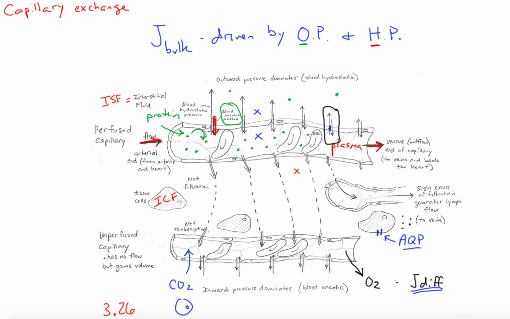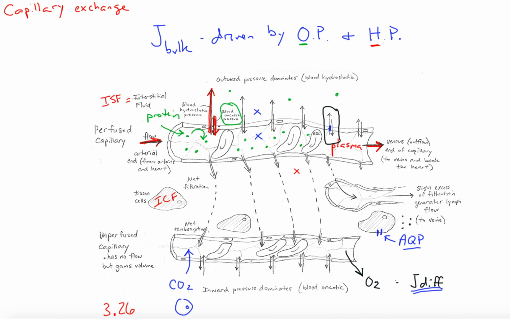And so it actually ends up pushing outward. And the magnitude of the size of the arrows here is an indicator of how big those pressures are. And so, as you can see here, at the beginning of the capillary, the hydrostatic pressure is dramatically dominant.